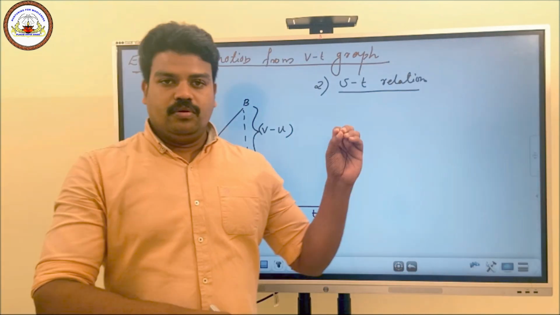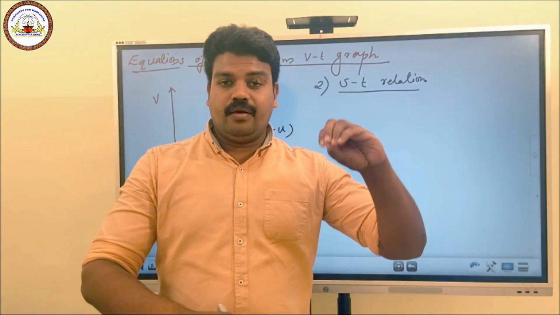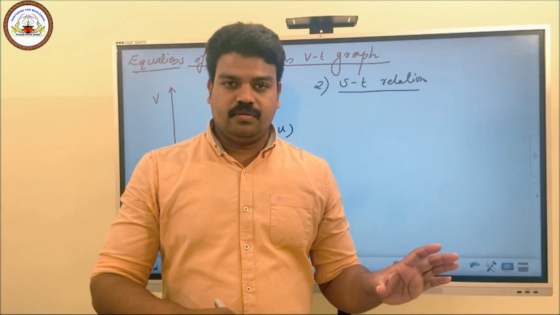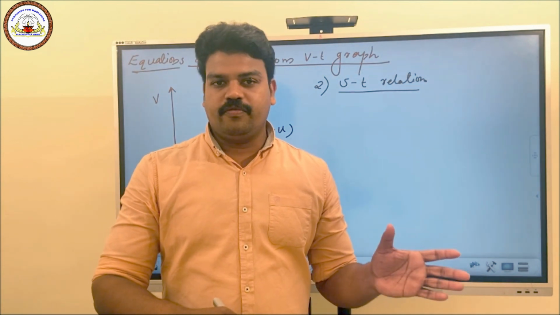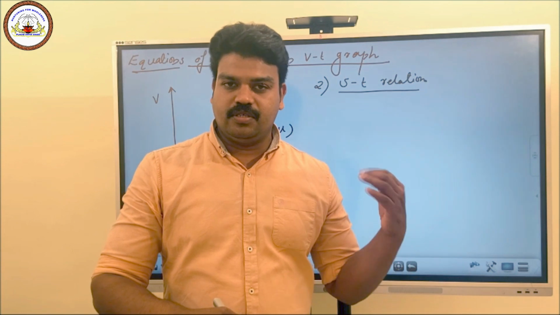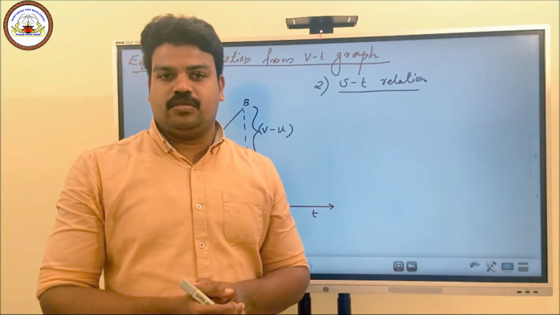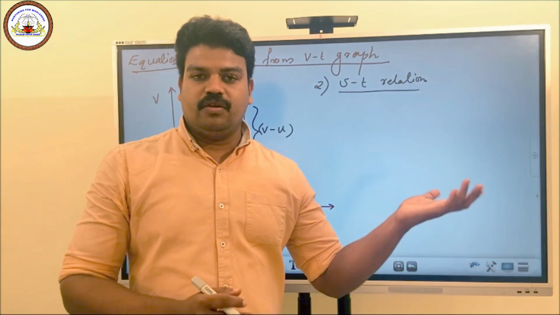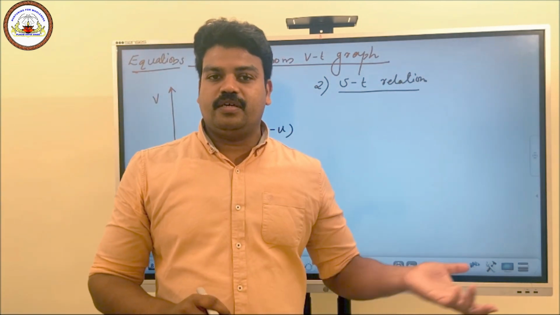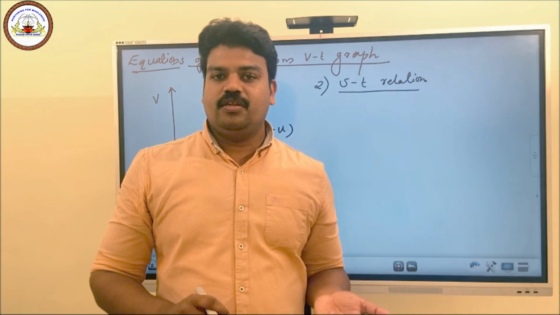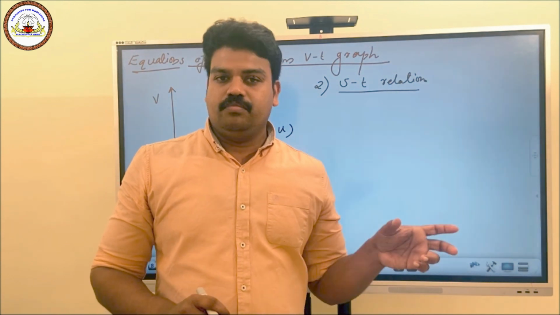As we know, the area under the velocity-time graph is displacement, and the slope of the velocity-time graph is acceleration. The second one is the position-time relation, the distance traveled or displacement of the object after a time t. The final equation is independent of velocity and depends on time.